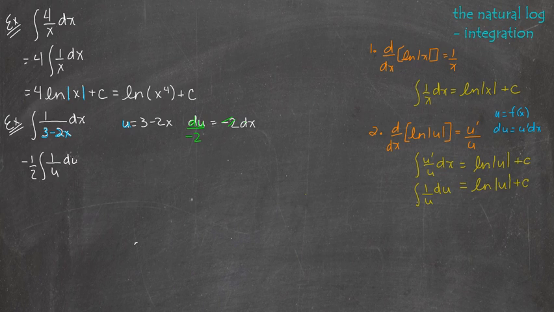So I have a du here. All right, so now take the antiderivative of this, -1/2 times natural log of u plus c.